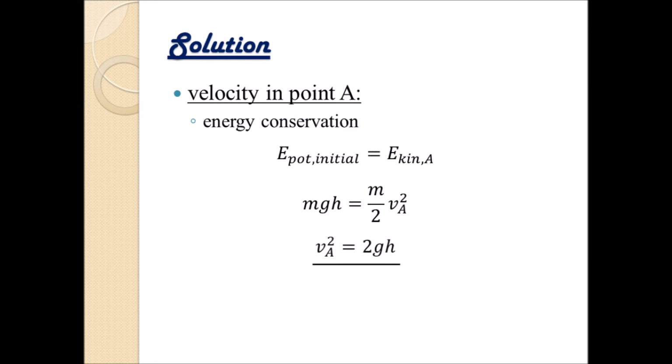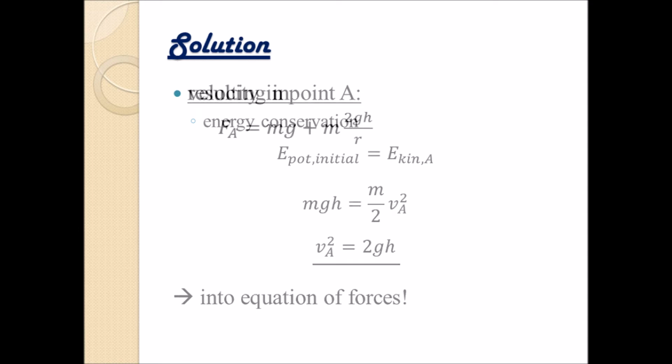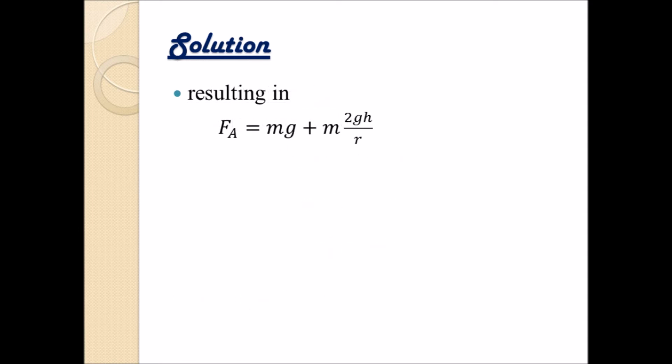And everything that we want is the velocity actually, and velocity squared equals 2 times g times h. And we can put this into the equation of the forces. And this results in a simplified equation where we have indeed mass and gravitational constant in both terms on the right-hand side. And in addition, you can see here that we need to know something about the height where we start and the radius of the loop.